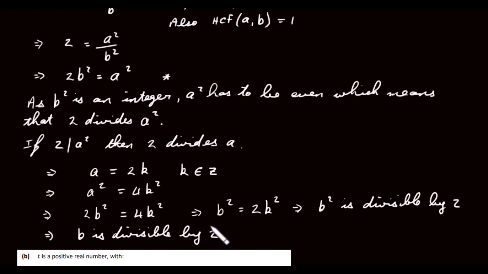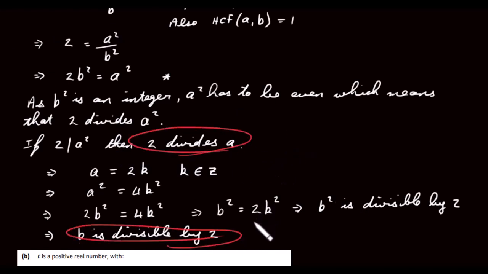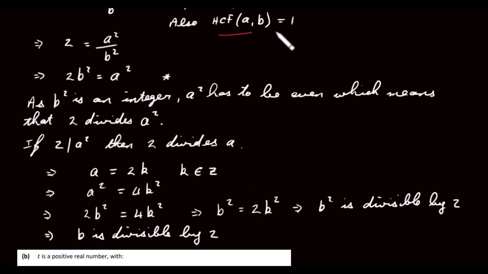Okay, so at this stage what we've done is we've shown here that 2 divides a and 2 divides b. That contradicts our statement up here that the highest common factor of our original fraction a over b is 1. The highest common factor is in fact 2.